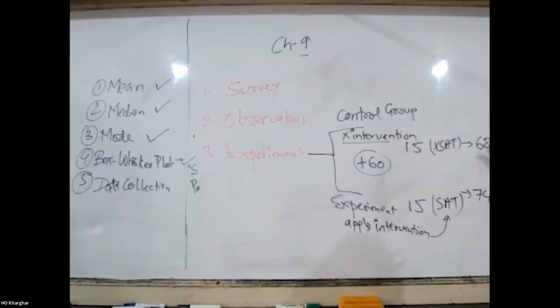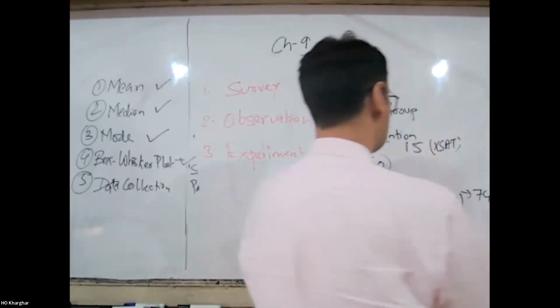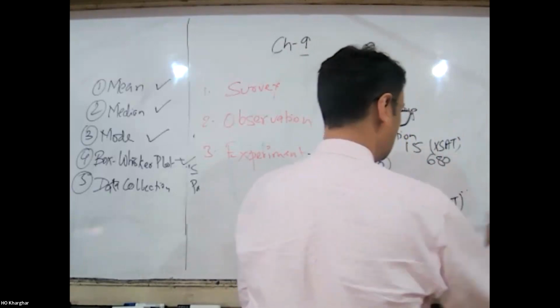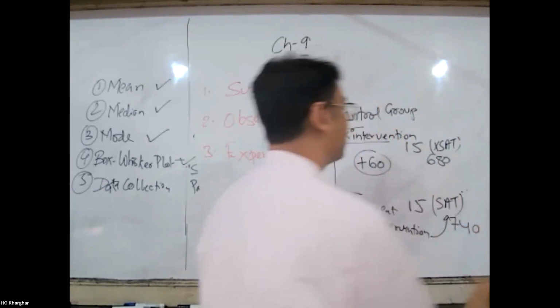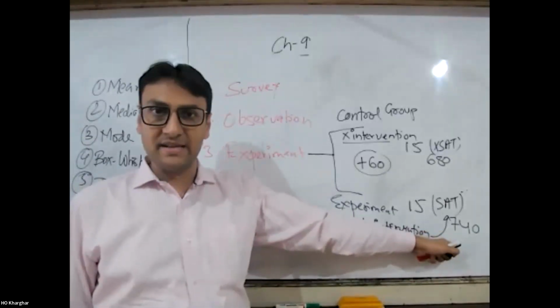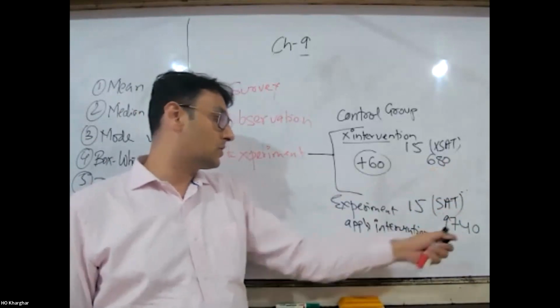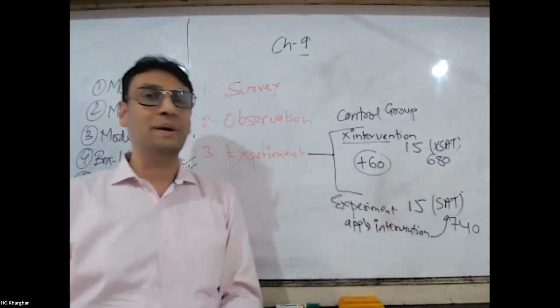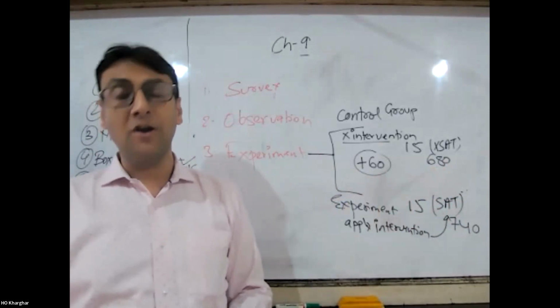Okay, I see 680, that's why. So I'll write it here. 680 and 740. I measured the average SAT score of this group, and I came to the conclusion in my experiment: when you give SAT training, the score improves by 60 points. Okay.